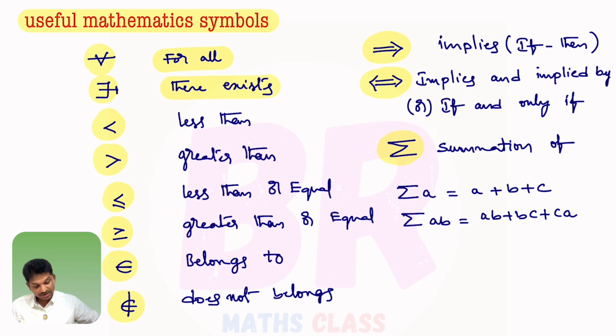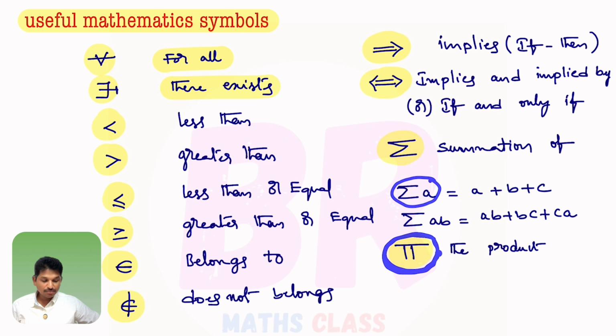Next, product. Same as sigma, this is the pi symbol. It indicates product of. If A, B, C are the three variables, then pi A is A into B into C. Next, nth root of x.